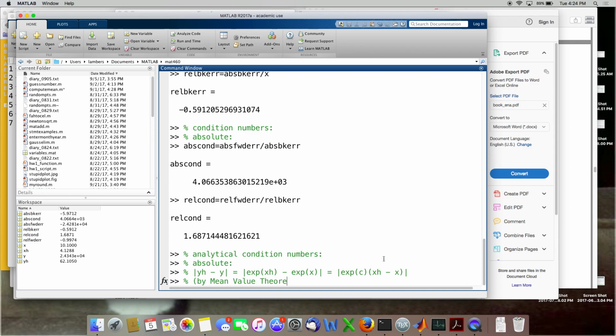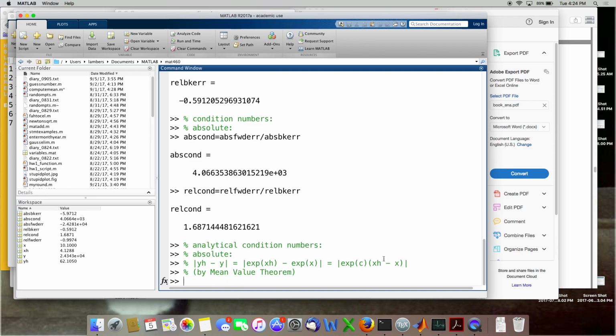If you don't remember the mean value theorem, that was covered in Cal 1. I suggest you look that up in Appendix A, where the calculus review is. So a difference in y values is equal to the derivative at some unknown point times the difference in the x values. That's something that's useful quite often, especially in this field.